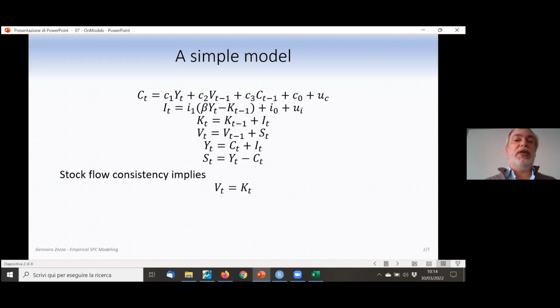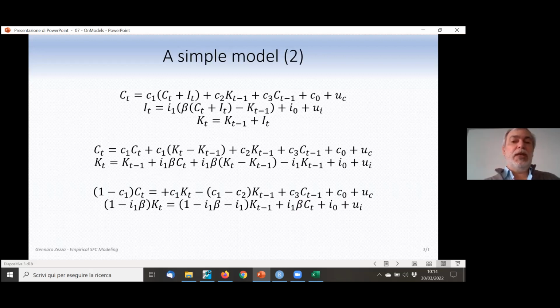So if beta y is the desired level of the stock of capital, investment will be a fraction of the gap between desired capital and actual capital. And then we have the standard accounting identities for the accumulation of capital without depreciation, wealth coming from saving, etc.